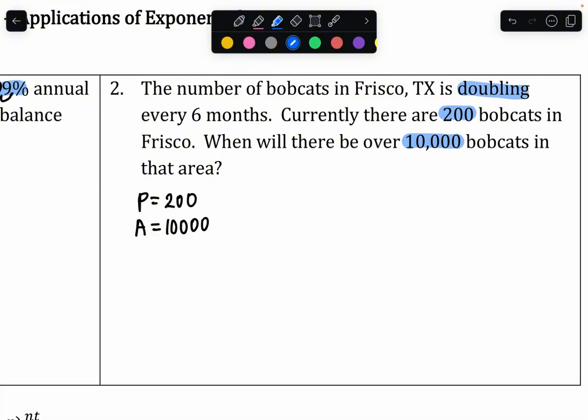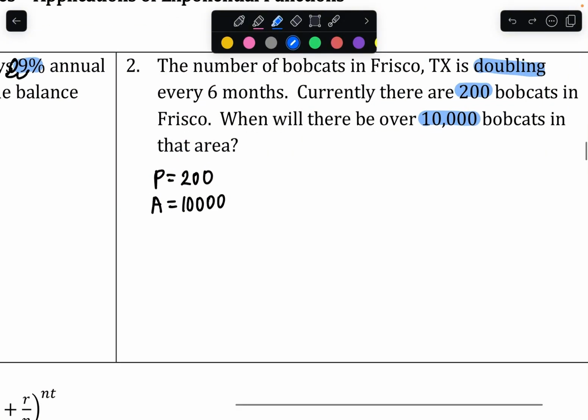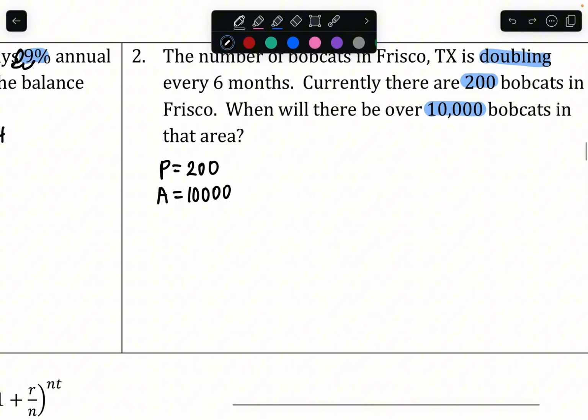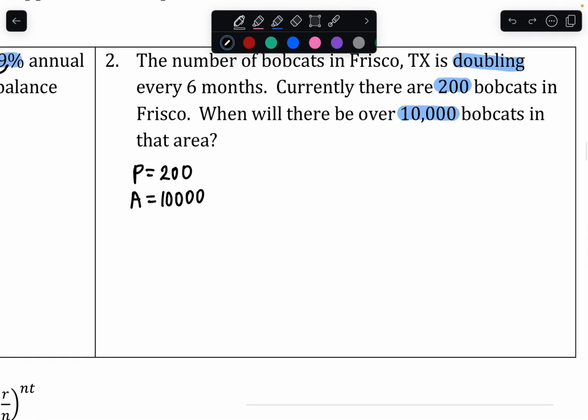This isn't growing by a percentage, so we're not going to have the 1 plus R situation. Our equation ends up being A equals P times 2 to the T, because it's doubling. We're just going to keep in mind that we're measuring our time in 6-month periods, because it's doubling every 6 months, not every year.